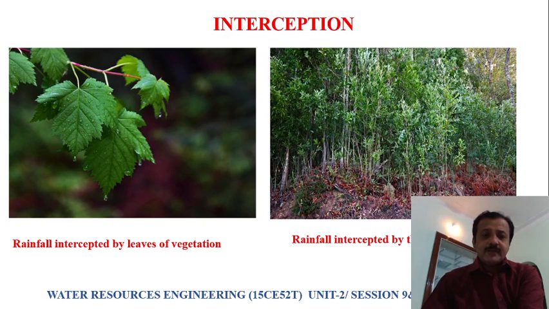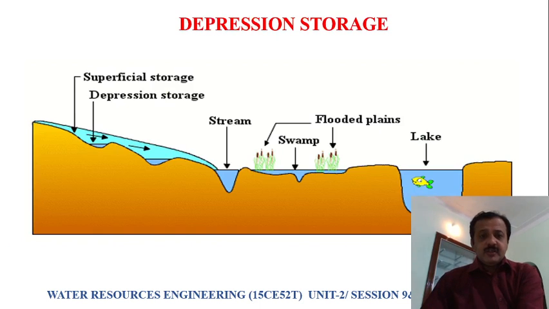This is the water which is held in the leaves of the plants and on the surface of the buildings, right? Which wets the surface of the buildings. This is called interception. Next is depression storage. This is the water which is stored in the depressions on the surface of the earth.